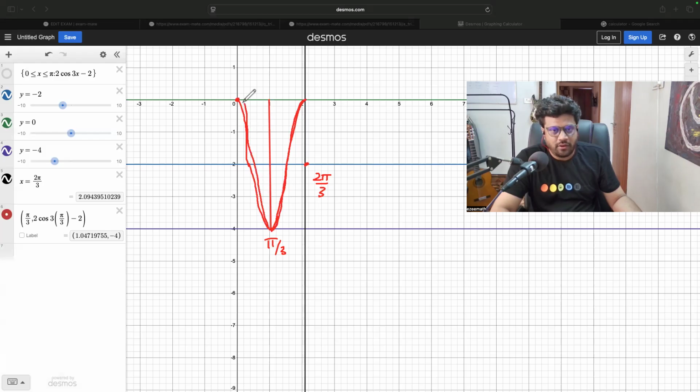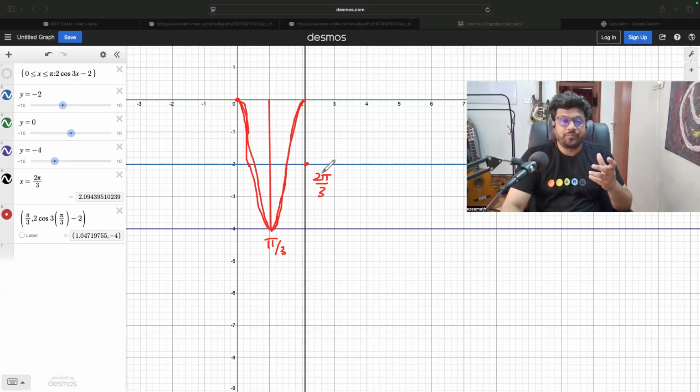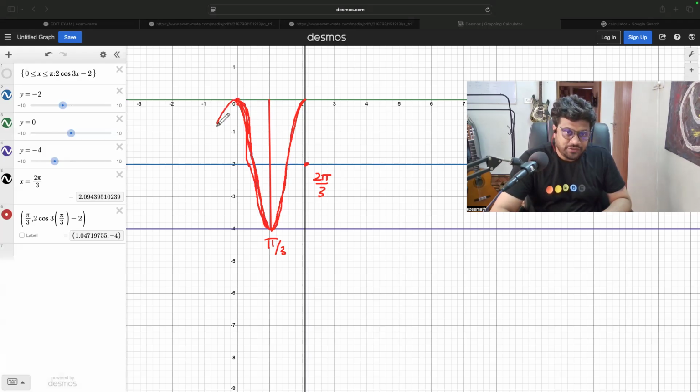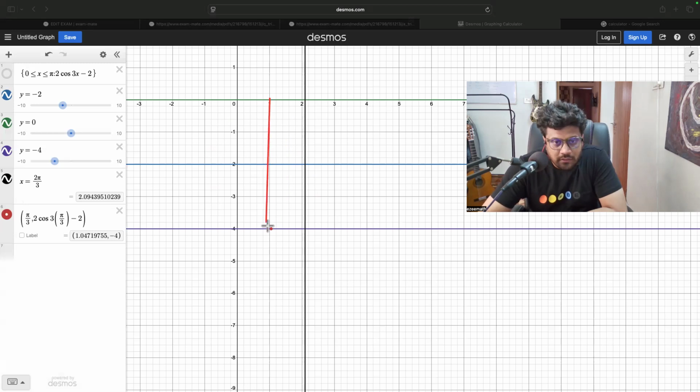That's my cos curve. Now the question is, it looks like a V. How is that one complete wave? Well, that's one half of a crest, which could have been something like that. And this is, I'll show it to you, wait. There it is, 2 pi by 3. This one is pi by 3.